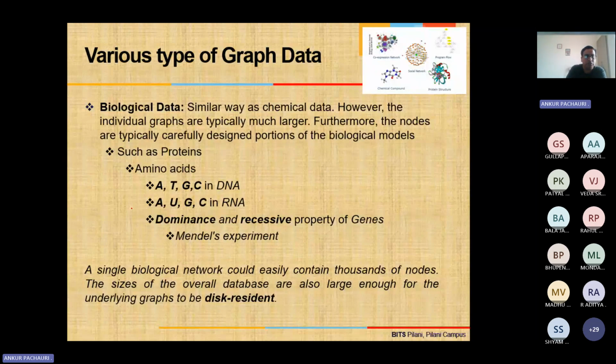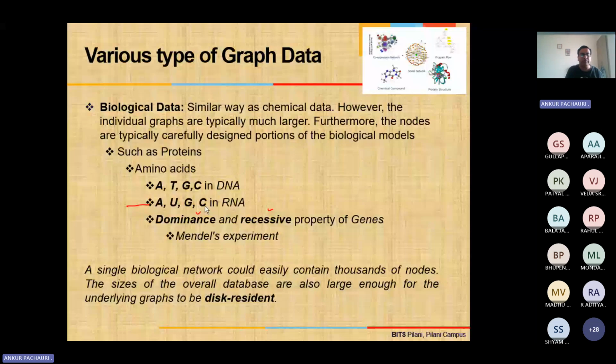Even from those amino acids or gene sequences, there are different properties of dominance and recessiveness. Sometimes the same gene behaves as a dominant gene and shows its effect, and sometimes the same gene may behave as a recessive and does not show its effect. When there are two recessive genes clubbed together, they can show their effect.